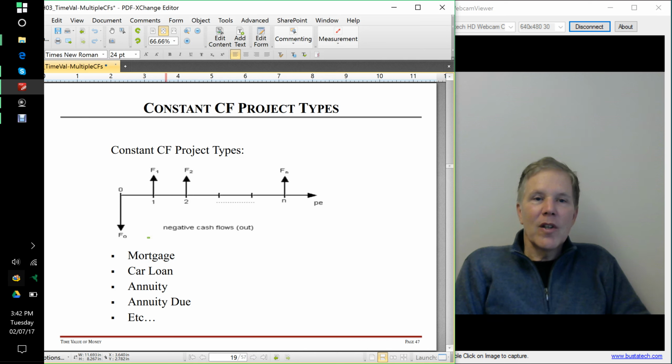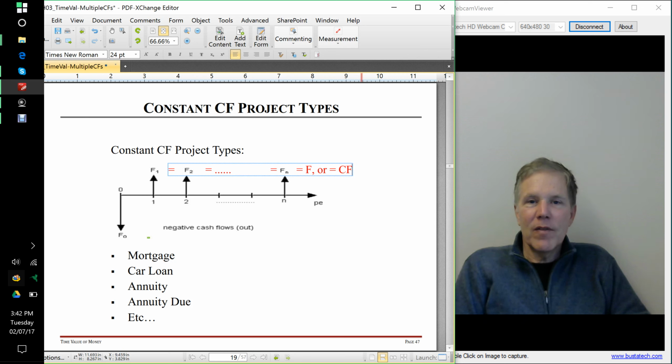In other words, all of the cash flows in the future are equal to each other. Something like this. And so here we could say equals F, or we could just say equal. To use our terminology, we could say CF.